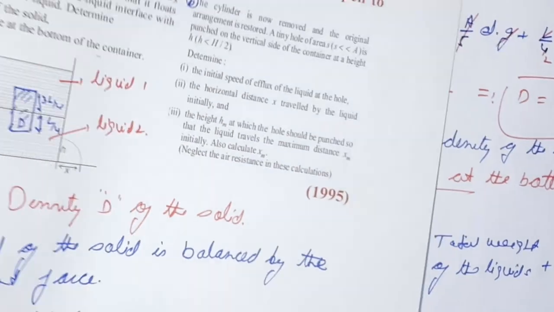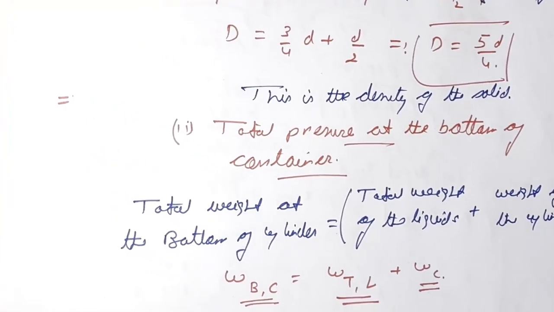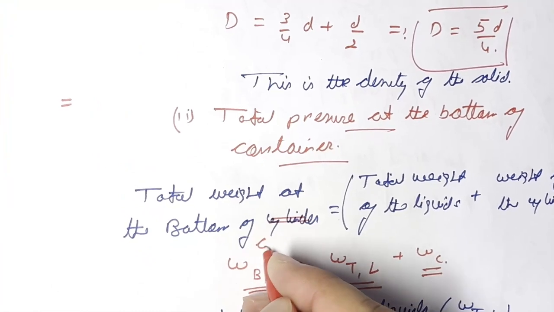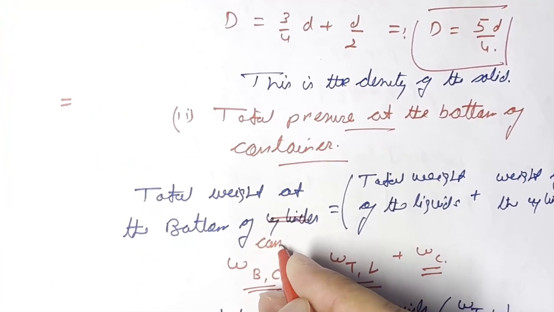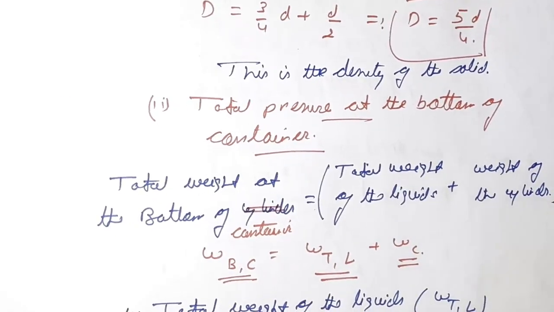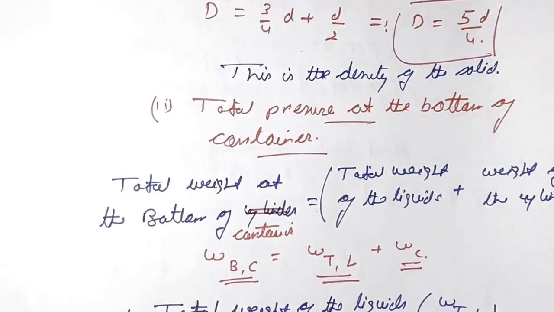It is asked for the container, so I wrote cylinder here, but it should be container. The rest is still correct.